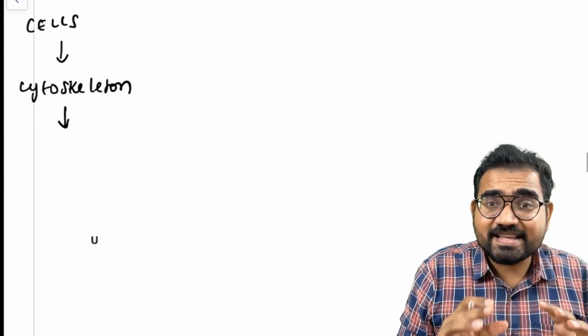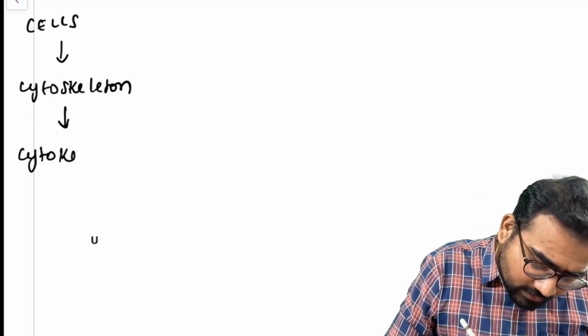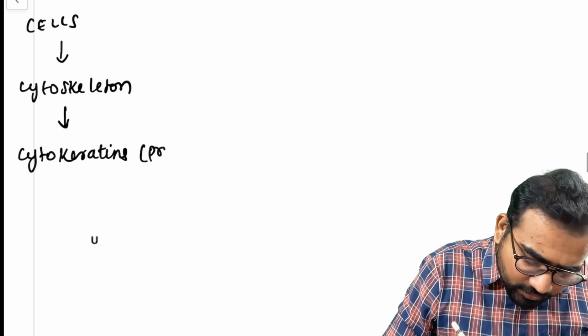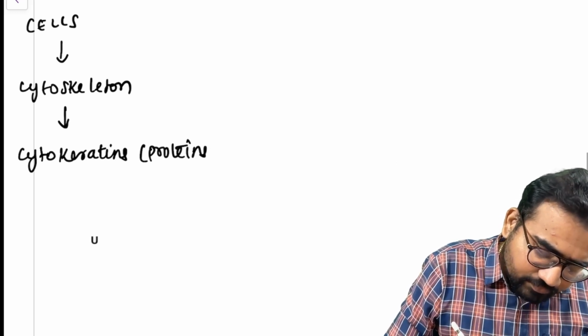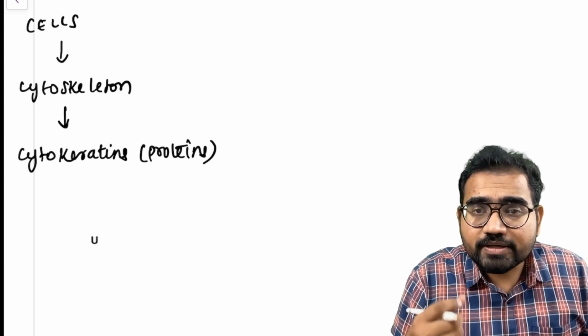And this cytoskeleton is made up of cytokeratins. So cytokeratins are basically proteins which will help to form the cytoskeleton.